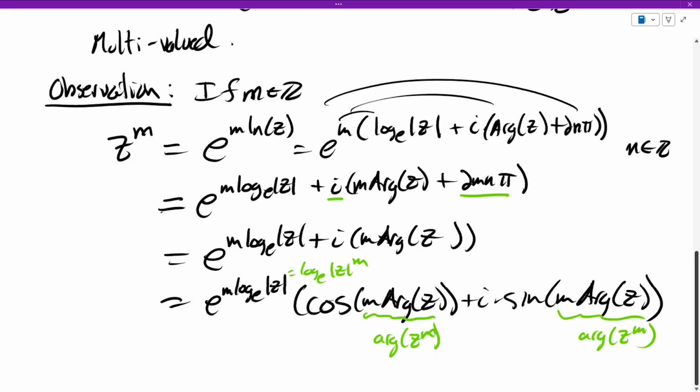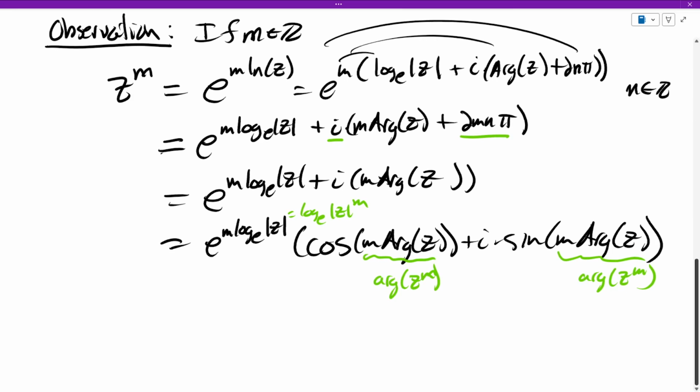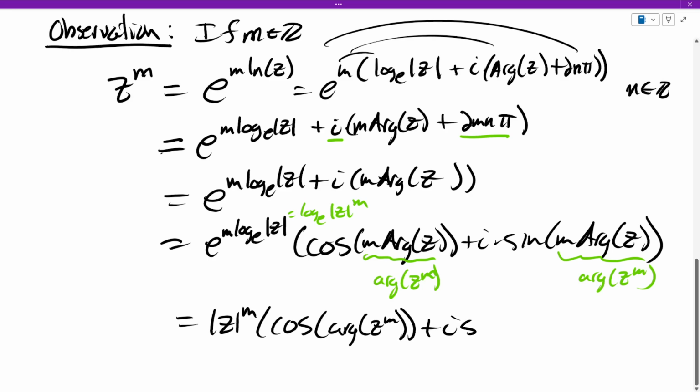So it's e to the log base e. This is all purely real now. And they undo each other. So we're going to get modulus z to the m, and then cosine of an argument for z to the m. Cosine and sine are 2 pi periodic, so it doesn't matter what argument we take. So I'm going to go to little arg. And this is exactly what the polar form of z to the m is.